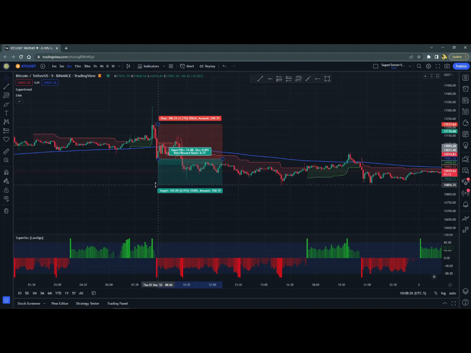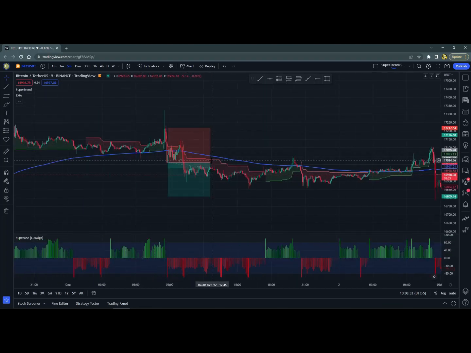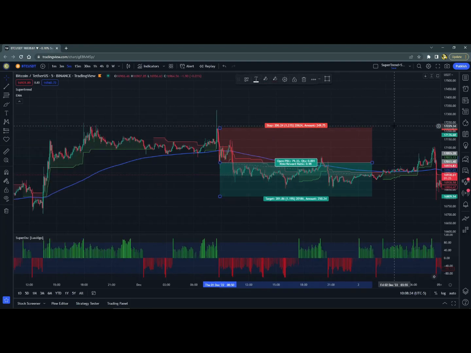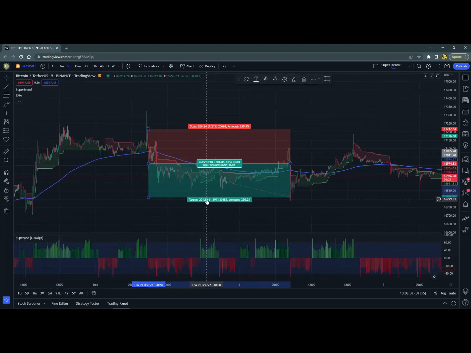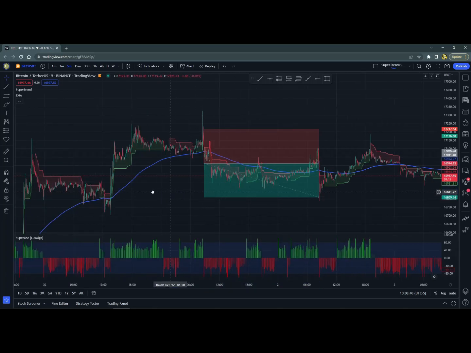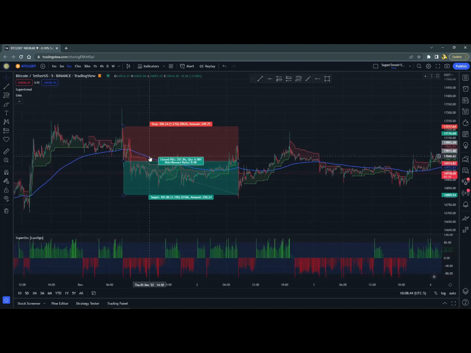I always start at 1 and then move my stop loss. That way I don't lose out. And this is a 5-minute chart for Bitcoin, but it does hit it right here. So you can see that this strategy works pretty good for both long and short.